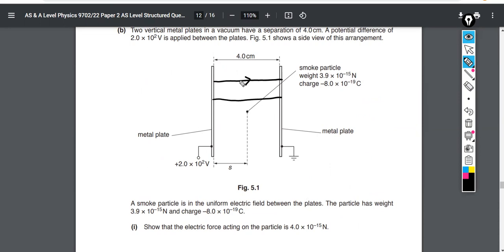So if the proton moves this way and we have a negatively charged particle here, then we know that the electric force is going to be in the opposite direction. So one of the arrows that we should draw, and let me make it clear, this was an electric field line. It does not ask us to draw that. It asks us to draw the force vector. So this labeled would be the electric force, and it also has weight. Weight acts down. So that would be the weight. And those are the 2 forces acting on the smoke particle.